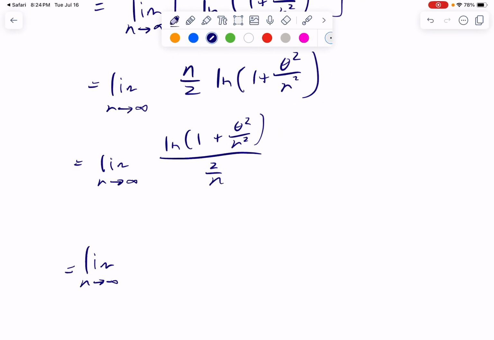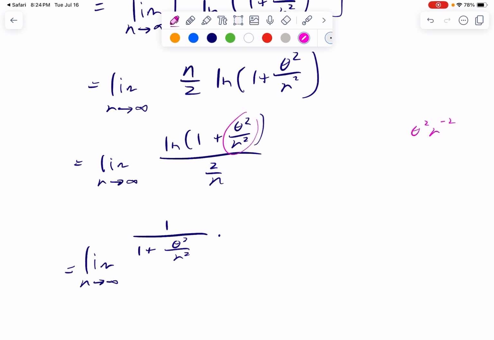So our derivative of the top there, so natural log of something, here's what we've got. And then by the chain rule, we multiply by the derivative of this. So we basically have theta squared times n to the negative 2.